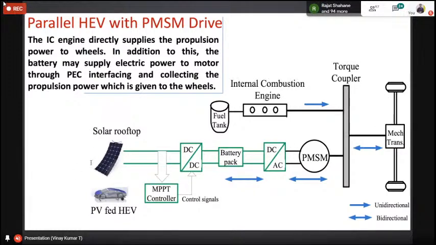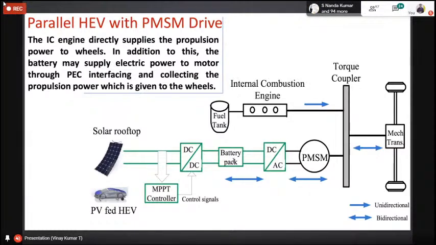This is solar based. This is one of the options. You can place a solar panel on the roof also. By using a solar panel, we can extract the power and charge the batteries also. This is one direction. And in braking mode or regenerative braking mode, you can charge the batteries, right?